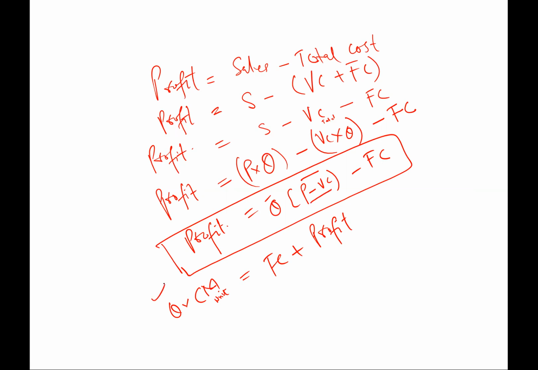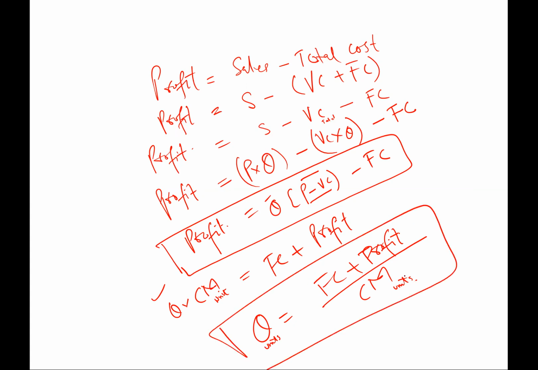And if we want to solve for quantity, it is fixed cost plus profit divided by CM per unit, because these are the units, so we will use units here. These are the total sales in units.